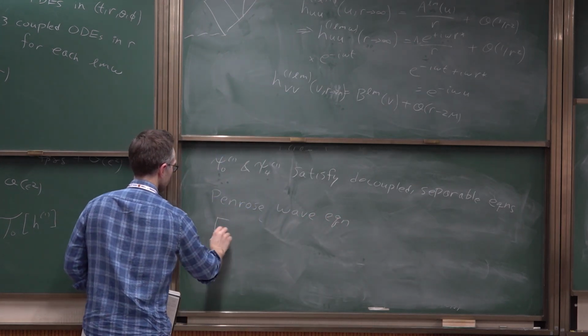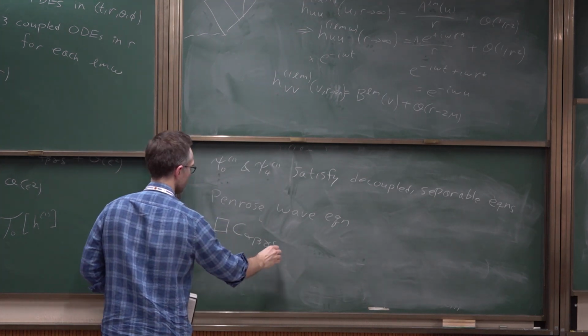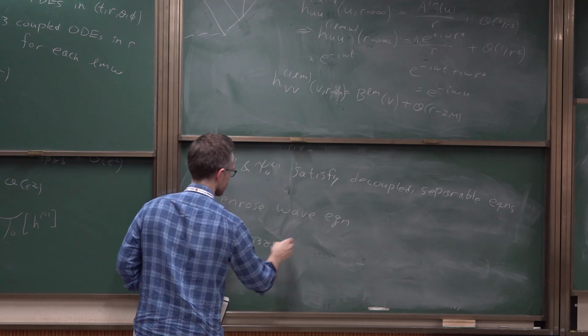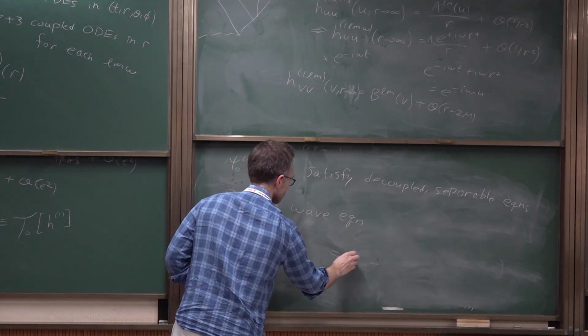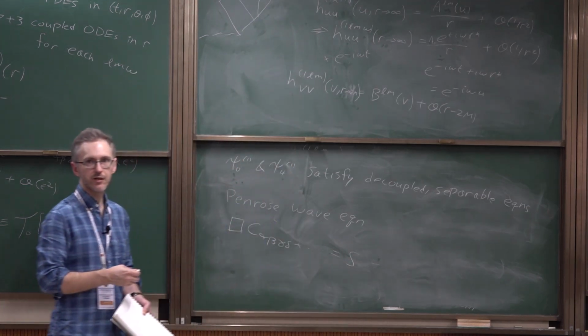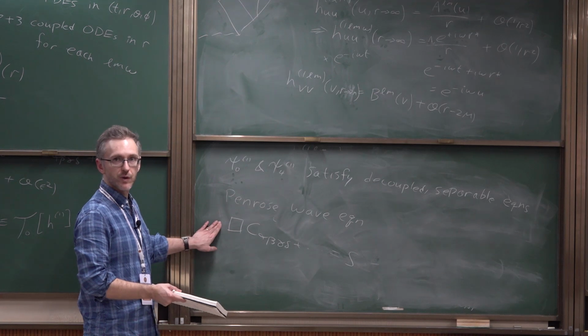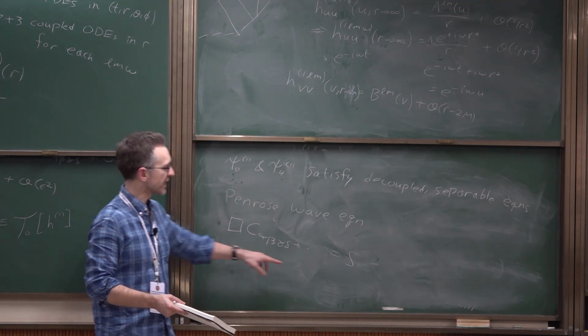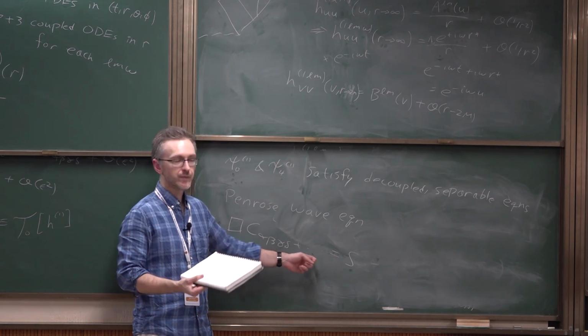Which has the form of box C_alpha beta gamma delta plus some stuff that's quadratic in C, equal to some stuff constructed from the stress energy tensor. So you can take this Penrose wave equation. The right-hand side is relatively short, but I don't have it written down.